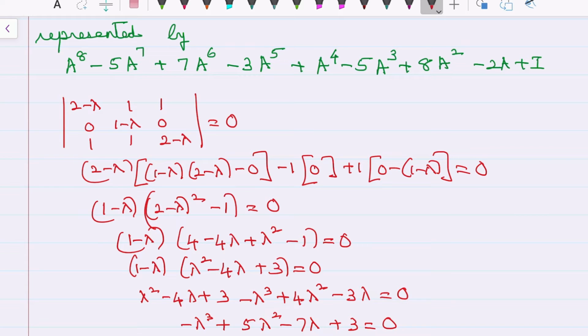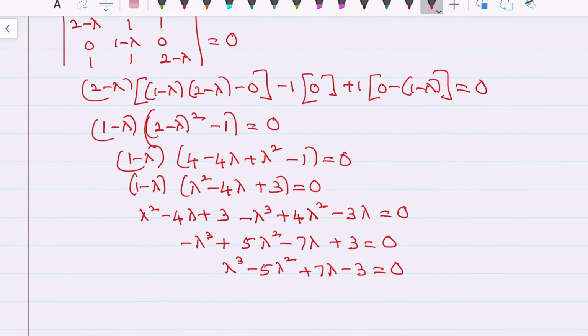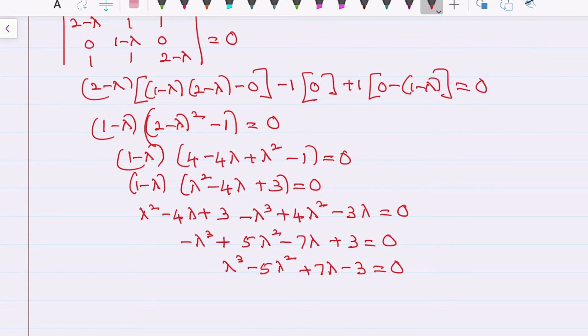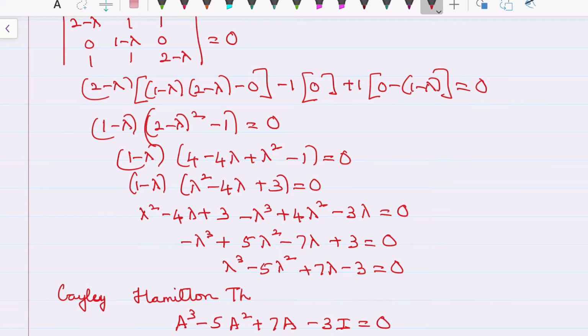You can multiply by minus 1, so I get lambda cubed minus 5 lambda squared plus 7 lambda minus 3 equal to 0. And every square matrix satisfies its characteristic equation. So by Cayley Hamilton theorem, we can say that A cubed minus 5A squared plus 7A minus 3I equal to 0.